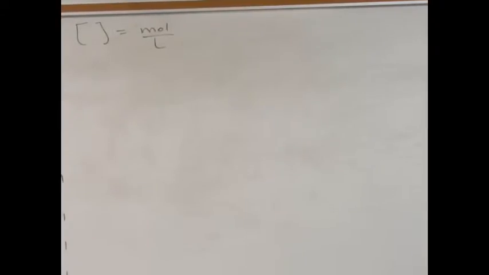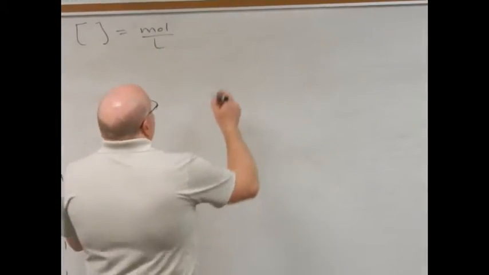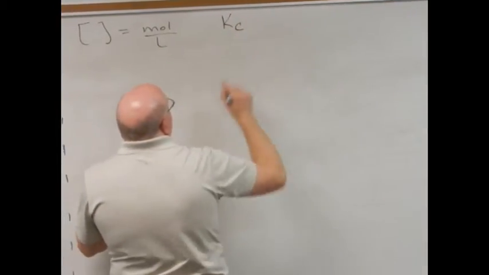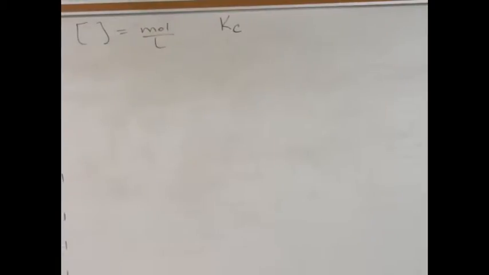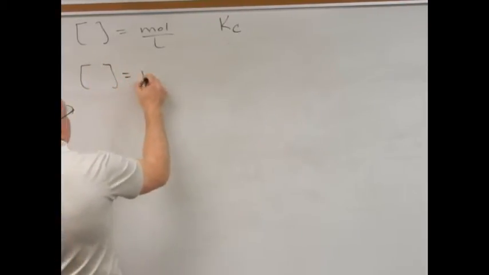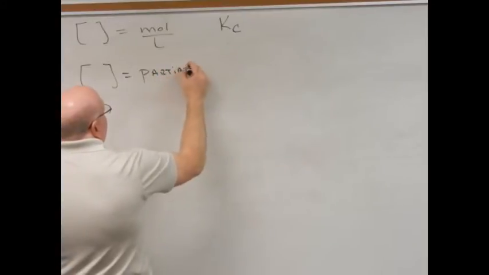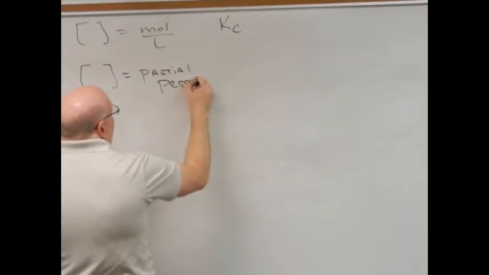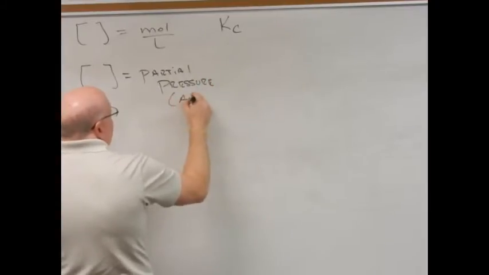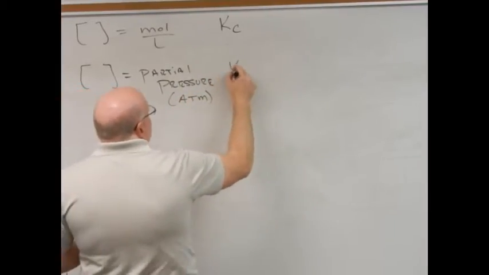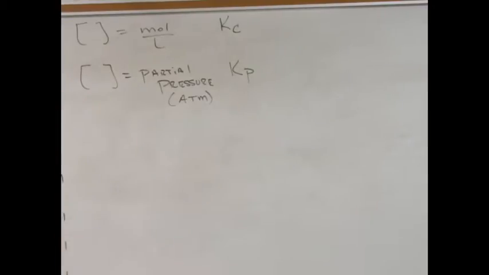If you have an equilibrium expression and all your concentrations are in moles per liter, they will usually call the equilibrium constant K sub C, indicating that it's concentrations in moles per liter. If, however, you're doing a problem and the concentrations are in partial pressure, because it's an all gas system, usually they use atm, and the equilibrium constant is now K sub P. It matters which one you're in.